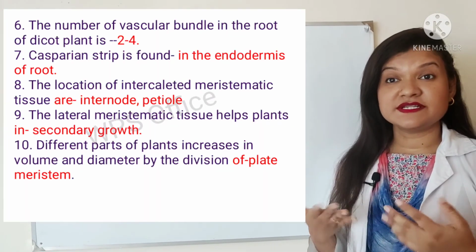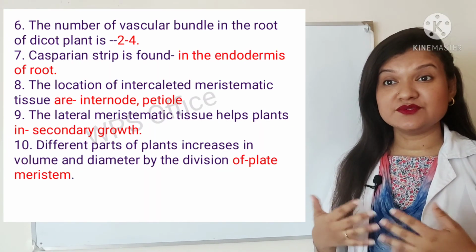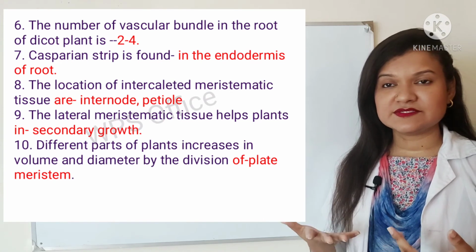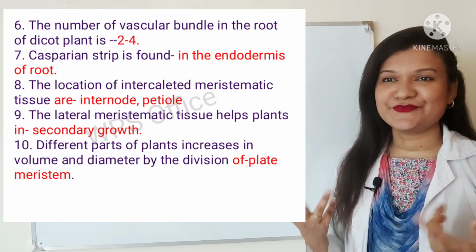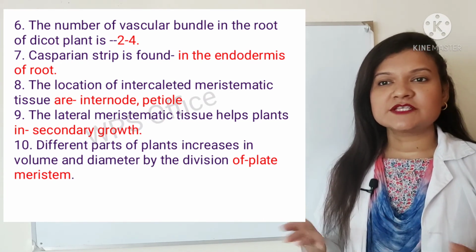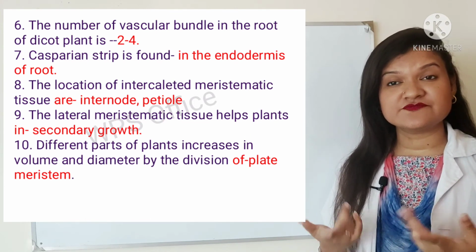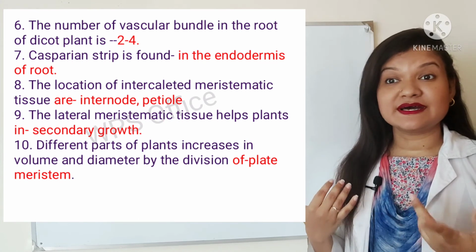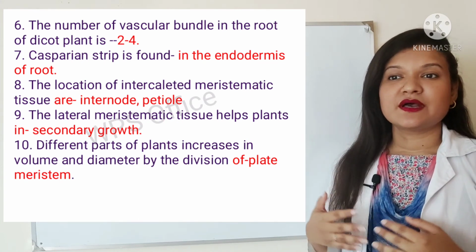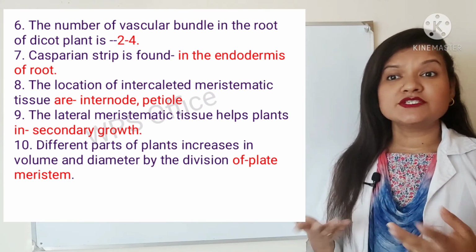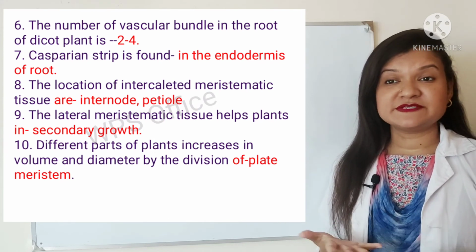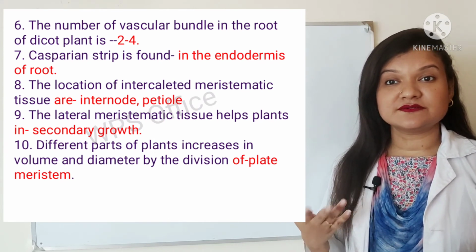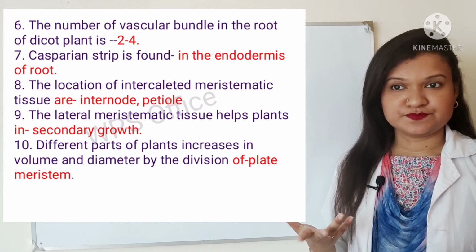Number 6, the number of vascular bundles in the root of a dicot plant is what? 2 or 4. Number 7, the Casparian strip is found in the endodermis of the root. Number 8, the locations of intercalary meristematic tissue are the internode and petiole.